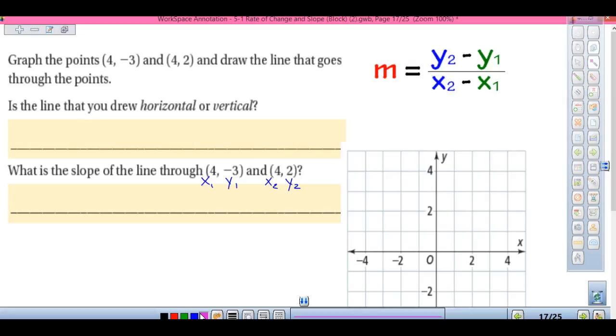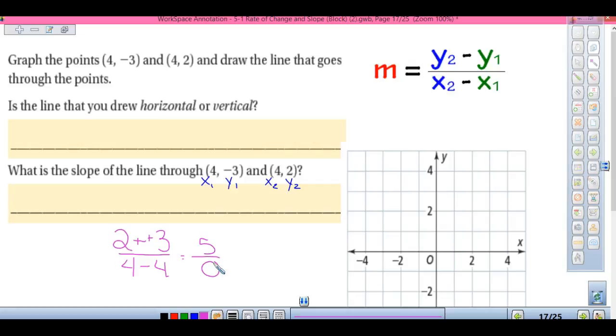Okay, so now we're going to plug them in. y2, 2 minus y1, negative 3, over x2 minus x1, 4. So 2 minus negative 3. What happens with my negatives? Those turn into a plus. So 2 plus 3 is 5 over 0.